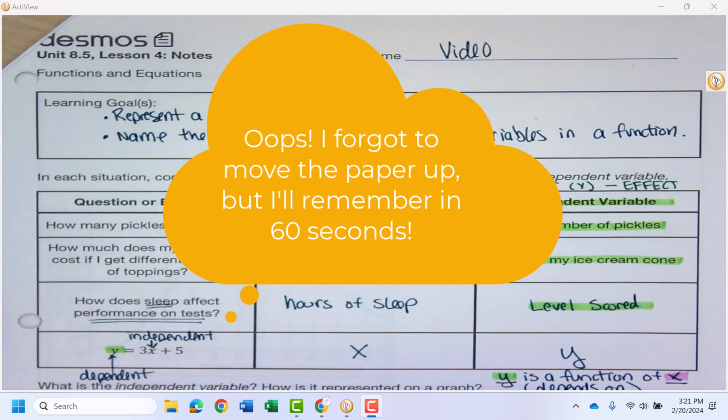So the independent variable, we've already kind of written it up here. We can say it is the input. We can say it's x. And we can say it's the cause of the other variable. Causes the other variable.